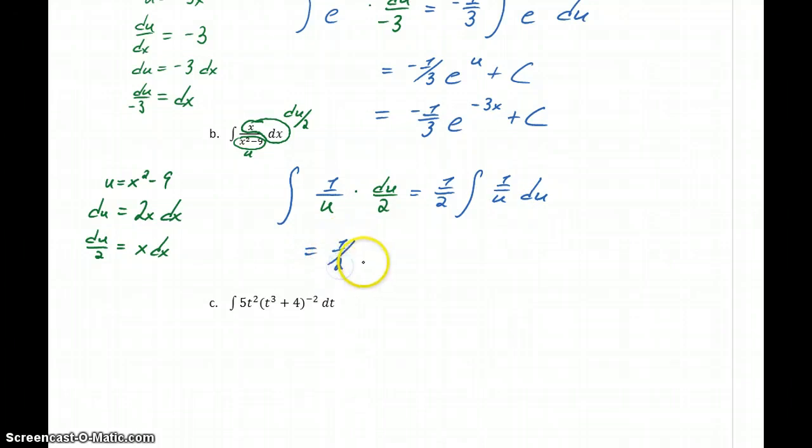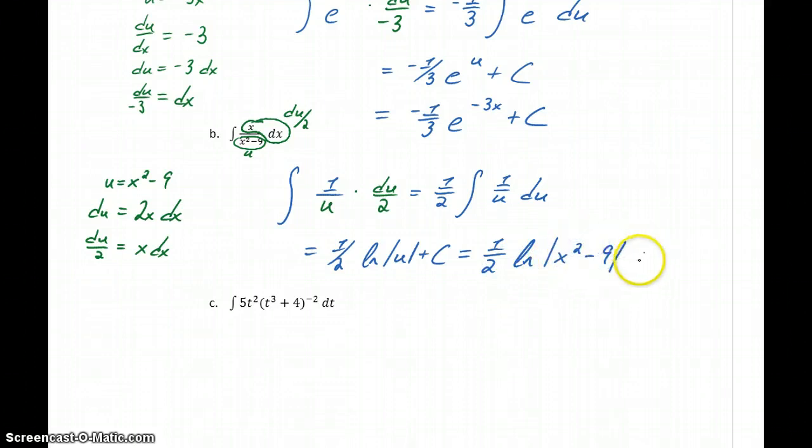This is just going to be 1/2 times the natural log of the absolute value of u plus some constant c, which is 1/2 times the natural log of x squared minus 9 plus some constant c. So again, if the first few examples made sense, now we're just getting a little trickier with these substitutions, doing a little bit of additional manipulation there.